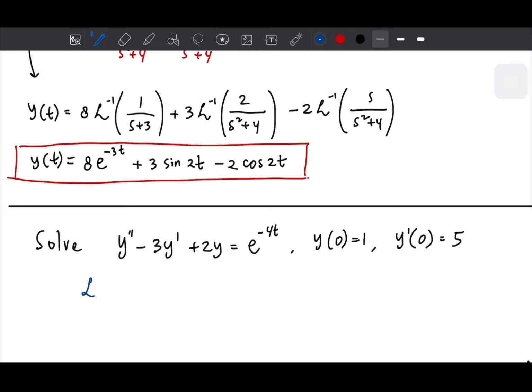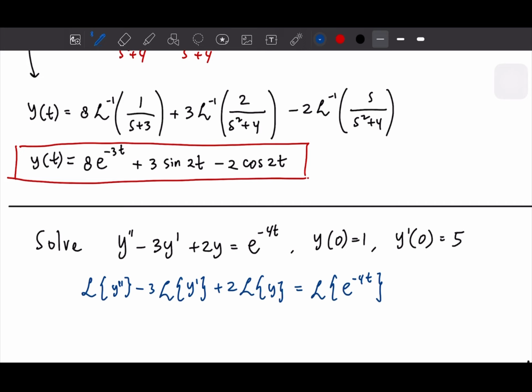So Laplace of y double prime minus 3 Laplace of y prime plus 2 Laplace of y, and then of course Laplace of e to the power of negative 4t.